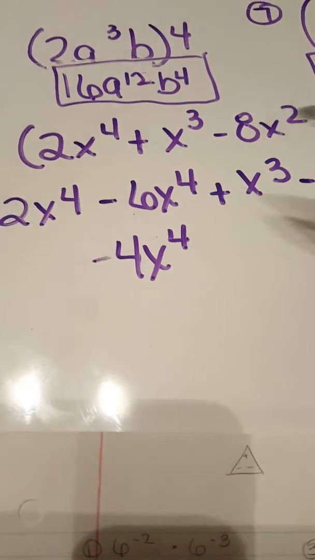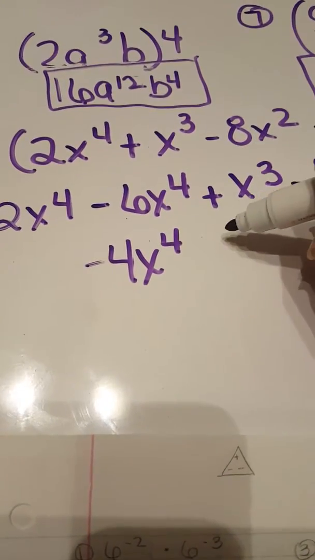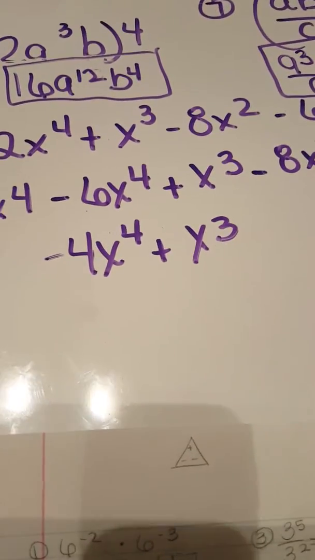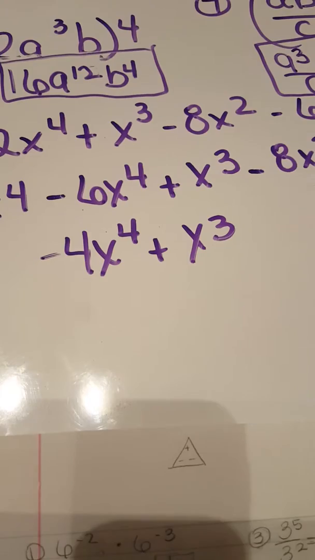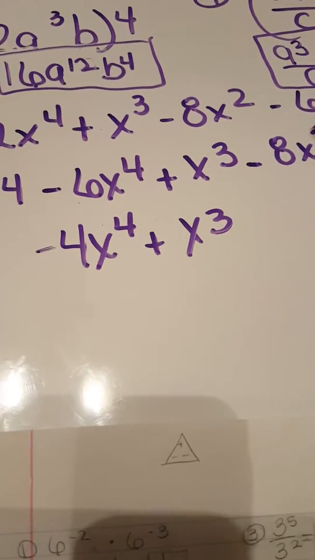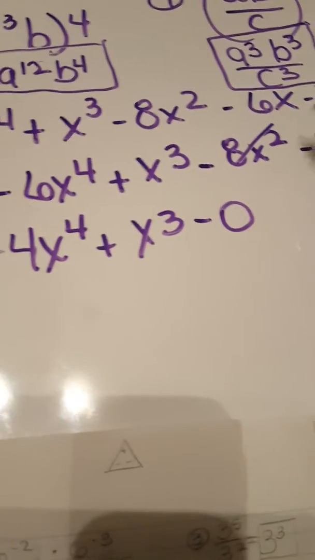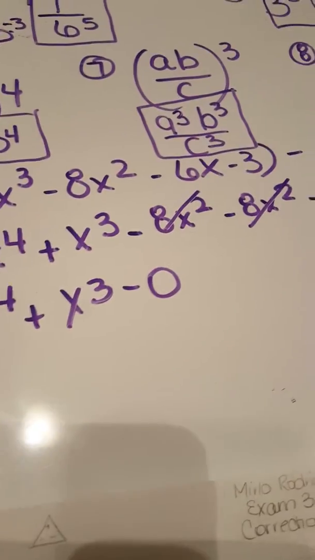Okay. And then you bring down your plus x to the 3rd. Okay. These two cancel out. So that, and I still need my 0 because for me, I need everything that I can possibly get.